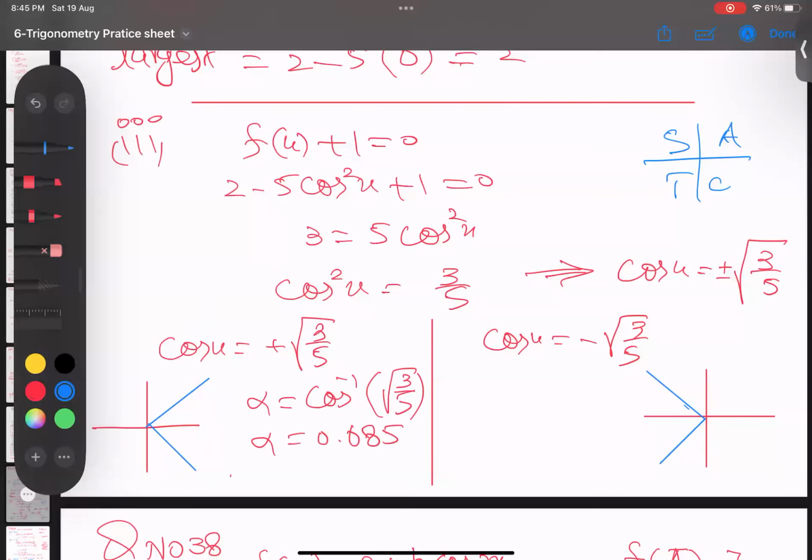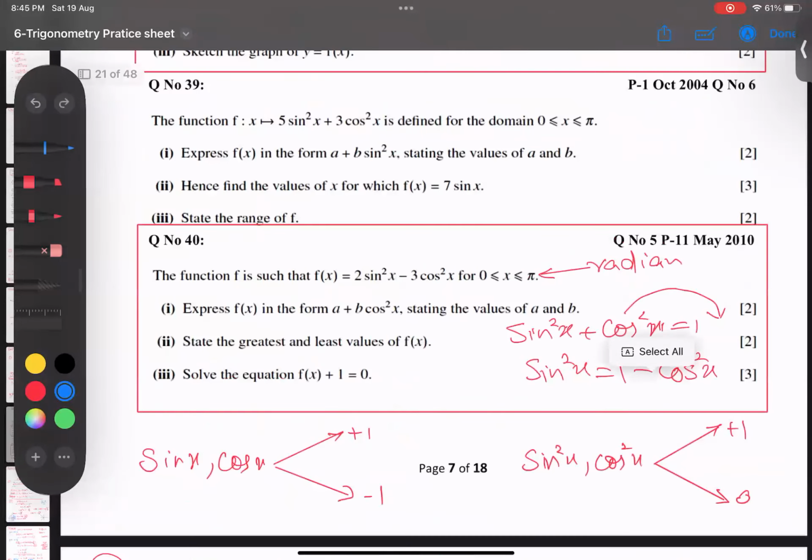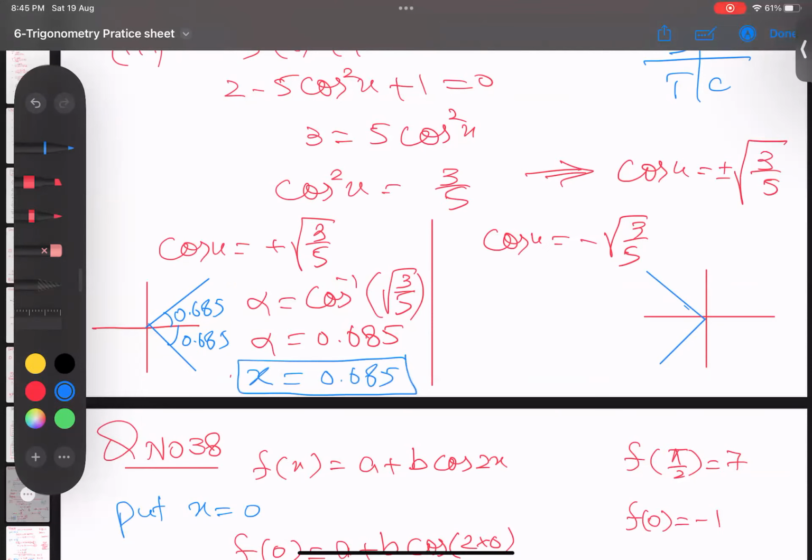And for your knowledge, this is 0.685, 0.685. But this is out of range. Why, sir? Because he said pi only. It means I cannot cross the pi. Pi is called 180 degree. So I have an answer only 0.685. This is my final answer.